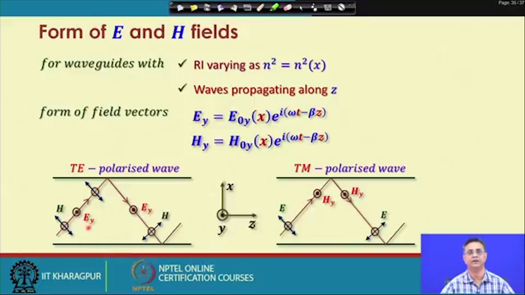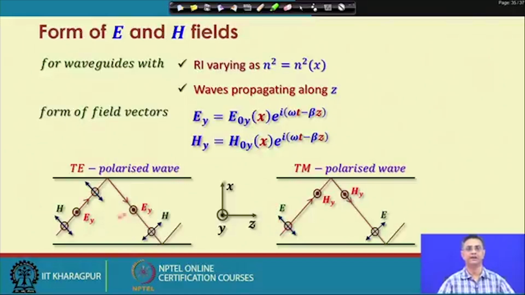So, this is E y, whereas the magnetic field will have two components, that is x and z. In the TM polarized wave, we have the magnetic field, which is the tangential component, directed along the y direction, and the electric field will have two components.